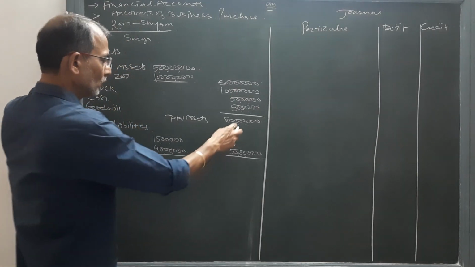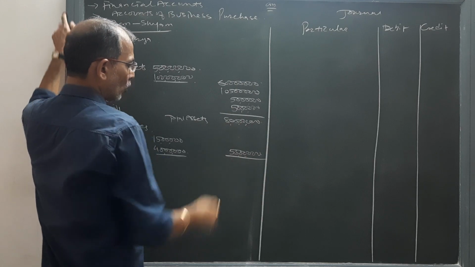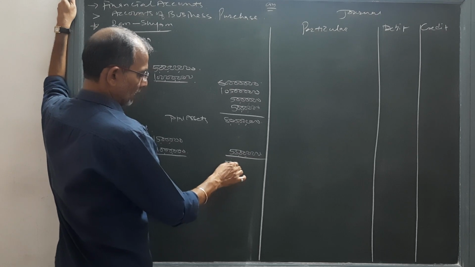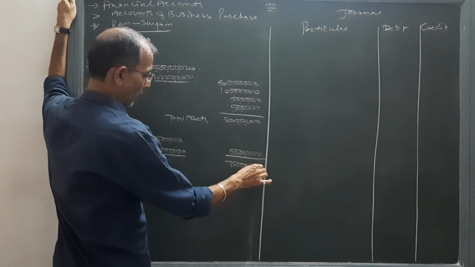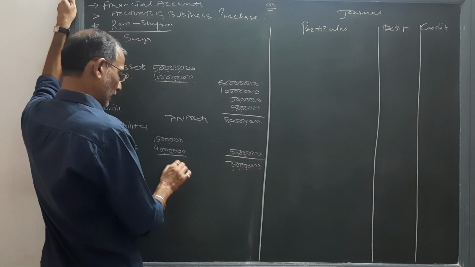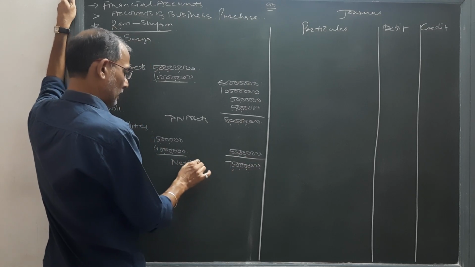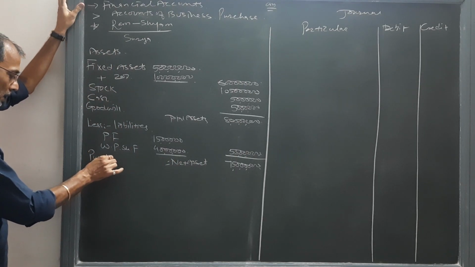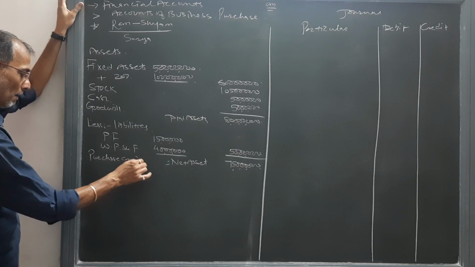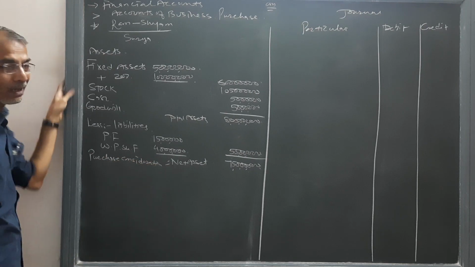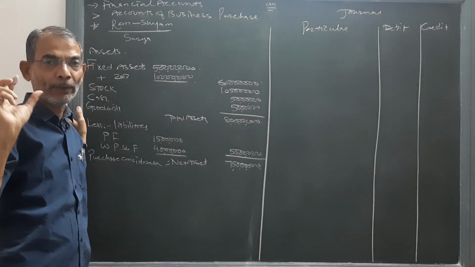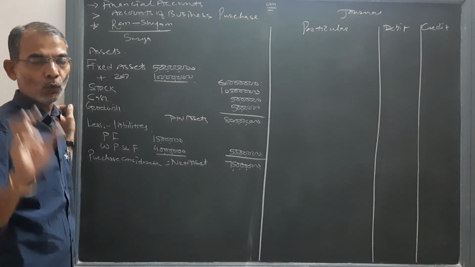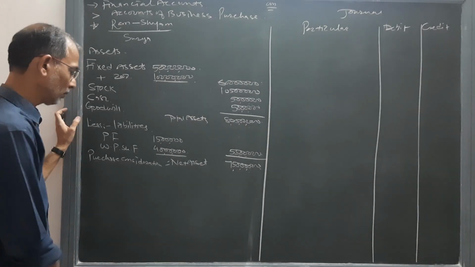Now, from 8 crore 5 lakh, if you subtract 55 lakh, net assets will remain 7 crore 50 lakh, that is net assets, and that is equal to the purchase consideration. As you can see here, the company is paying entirely by equity shares, so this method is the net asset method.